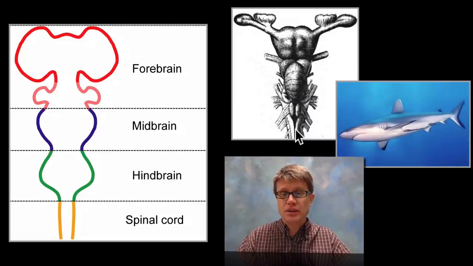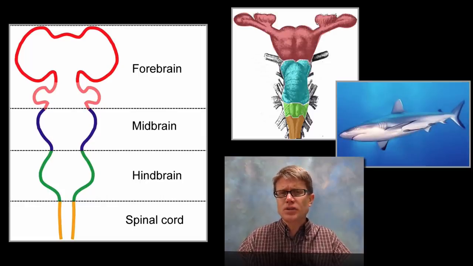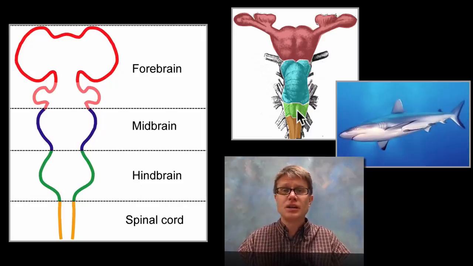You can see down here we've got the spinal cord bringing information in, then the hindbrain, the midbrain, and the forebrain. One thing you should remember is that the closer we are to that spinal cord, the more basic the functions are. Right down in this hindbrain, it's basically keeping the heart beating, keeping the circulation going, digestion in the shark. But when a shark decides to attack you, or it has some kind of emotional response, that's going to be way up here in the forebrain.